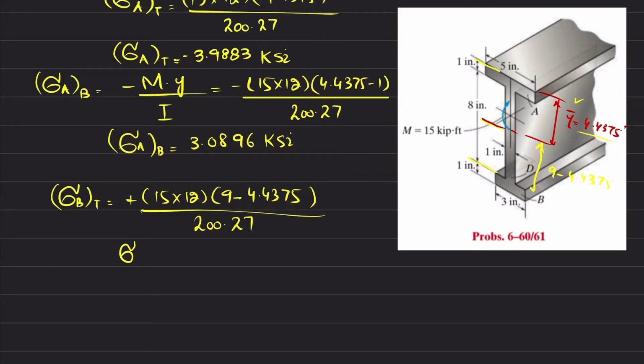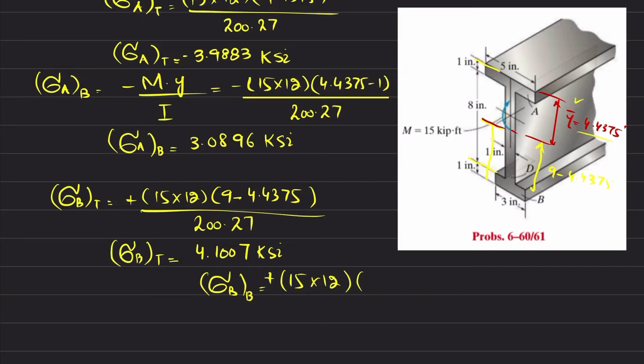So sigma B at the top will be equal to 4.1007 ksi. Now sigma B at the bottom will be equal to 15 multiplied by 12. There will be a minus sign into, now y will again be minus, so minus, minus will be plus, and now this total distance will be from this to this.